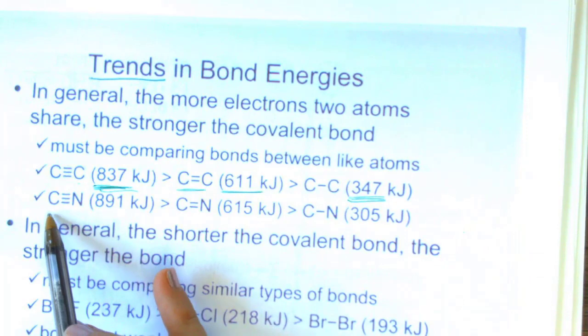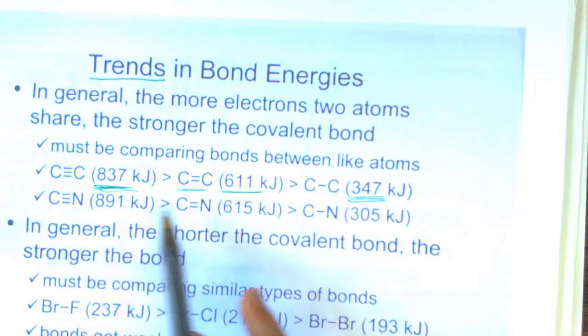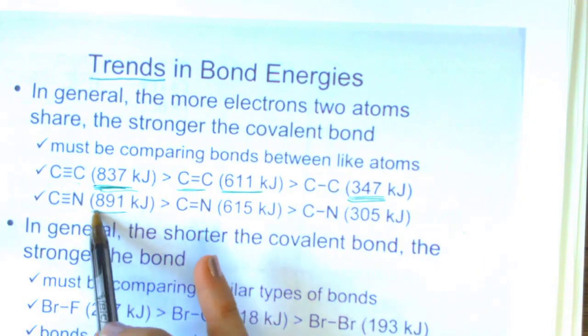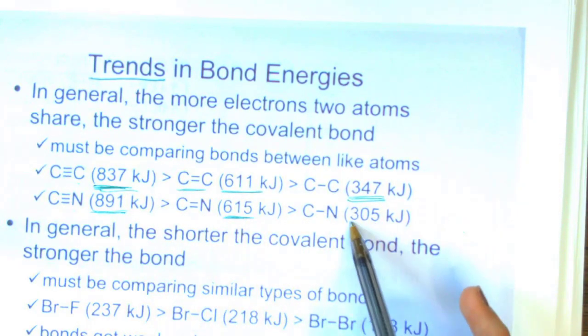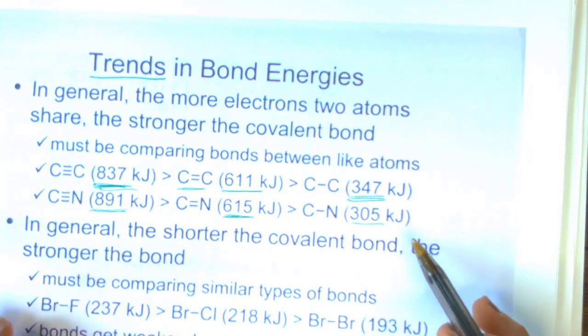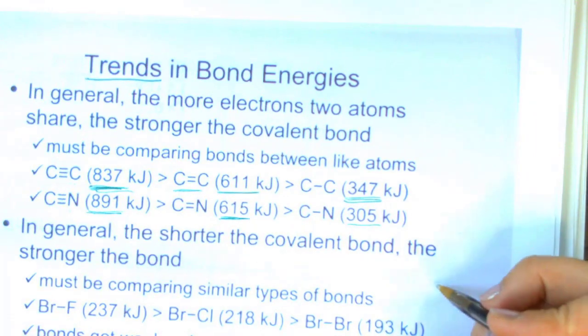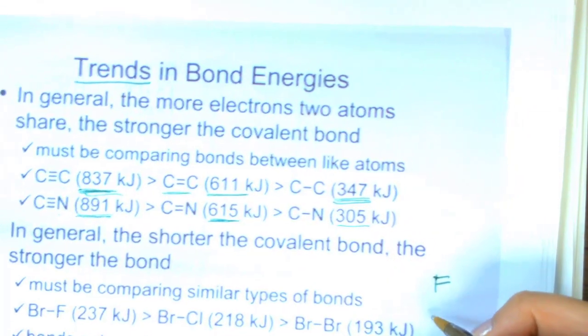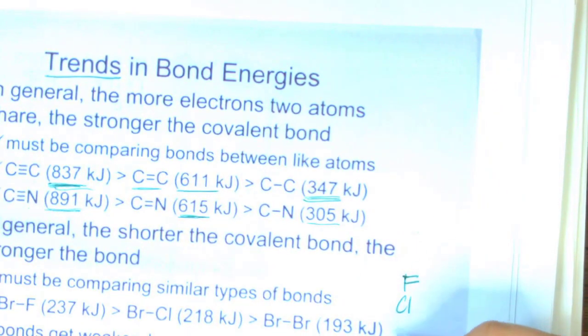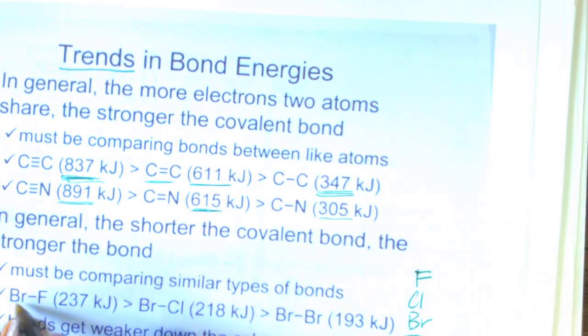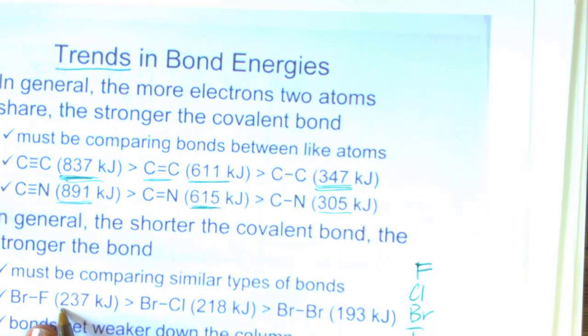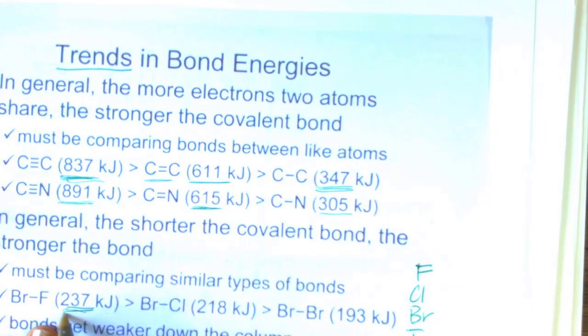Same if we look at carbon triple bonded to nitrogen versus double versus single, almost 900 to 600 to 300. Also, similarly, when we look at halogens, fluorine and then chlorine and bromine and iodine, bromine to fluorine has a higher amount of energy needed to break it than bromine to chlorine.